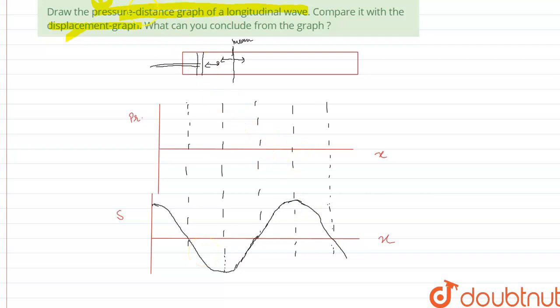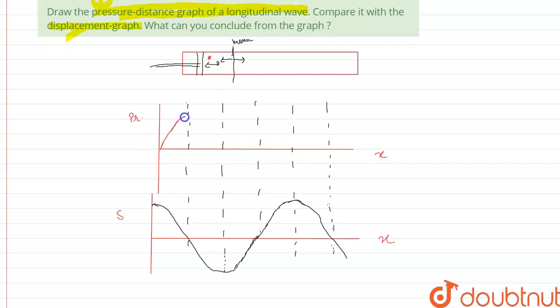Now we are going to draw this pressure versus distance graph. Here the displacement is maximum, so the particle has been displaced to the farthest point, and here it will be feeling the minimum pressure, so it will be going like this.